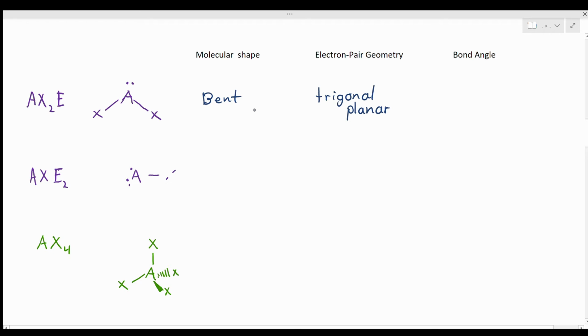So notice here that for molecular shape, we are only counting the atoms, while in electron pair geometry, we count the shape that the electrons and the atoms make around A. For the molecular shape, we're just counting the outer atoms and the central atom and seeing what shape that makes. Alright, and for the bond angle, we're also going to have 120 degrees because we are basing it off of the electron pair geometry.